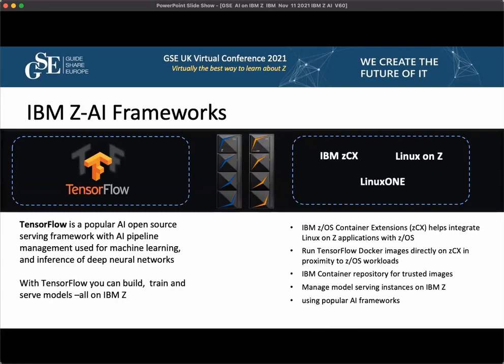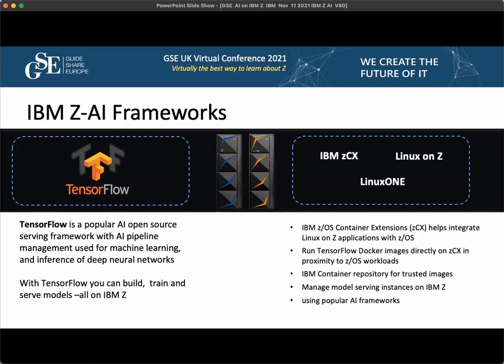I talked a lot about TensorFlow, and the reason we've chosen to optimize TensorFlow on Z is because it kept coming up again and again in our conversations with clients as a very popular AI framework that they use to both train and also serve and deploy their models.